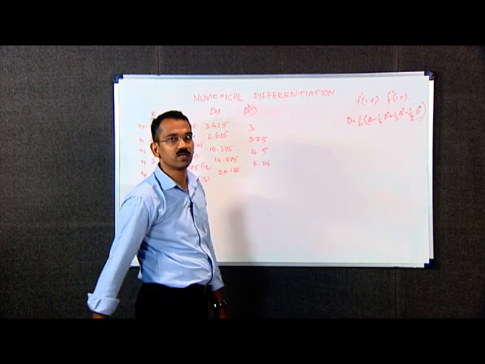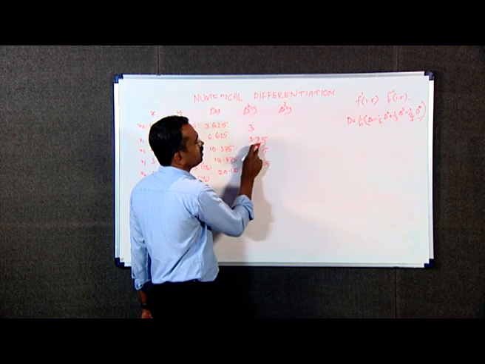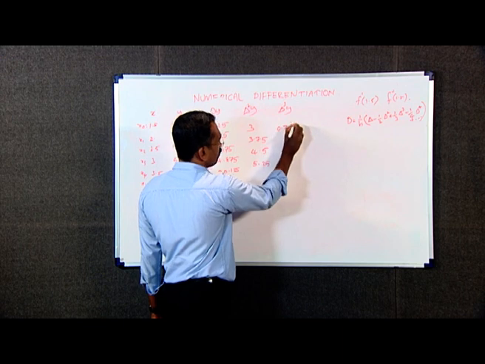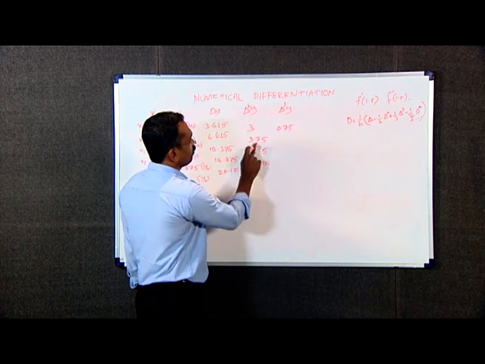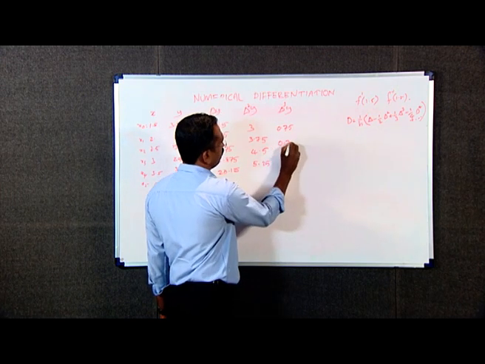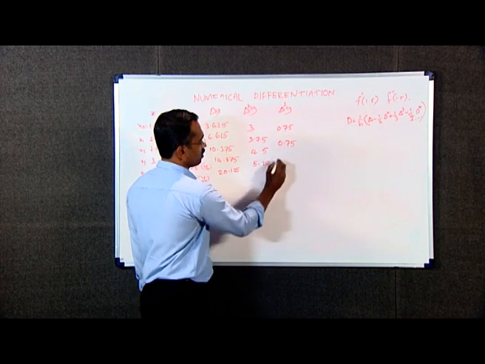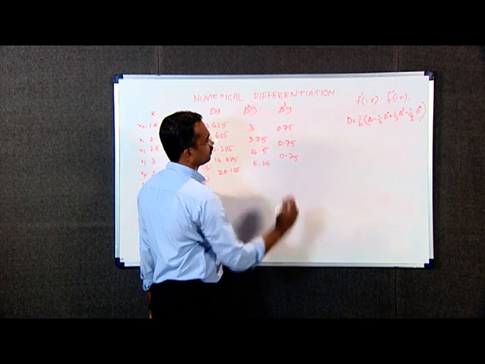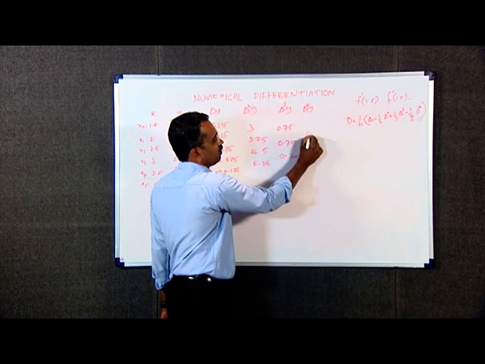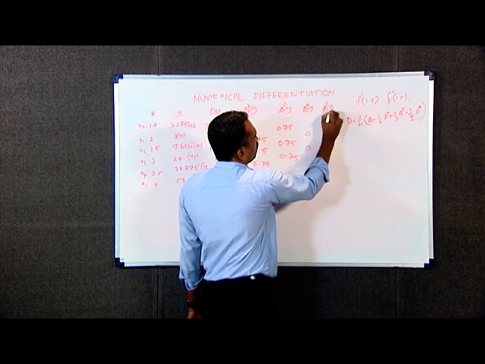These are the second order differences. The third order differences are 3.75 minus 3, which is 0.75. 4.5 minus 3.75 is 0.75, and 5.25 minus 4.5 is again 0.75. The fourth order differences, delta raised to 4 y, are both 0, and the fifth order also is 0.